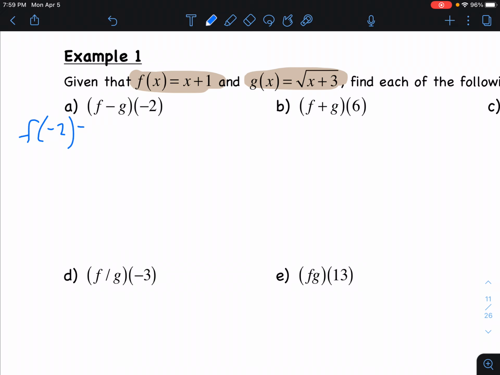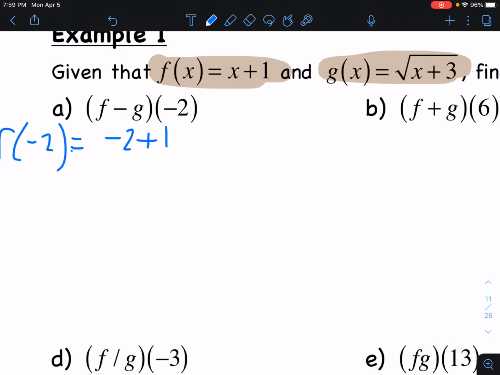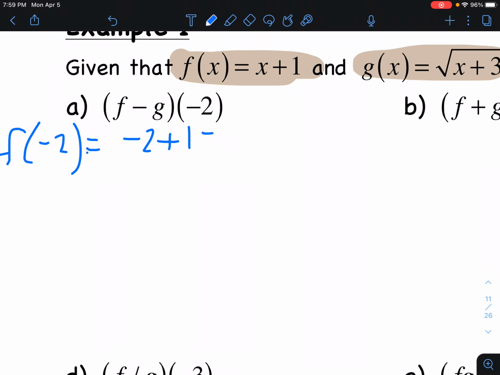So let's take a look at f of negative 2. Instead of x plus 1, we would do negative 2 plus 1, which is negative 1. Keep that number to the side. And then we would do g of negative 2.